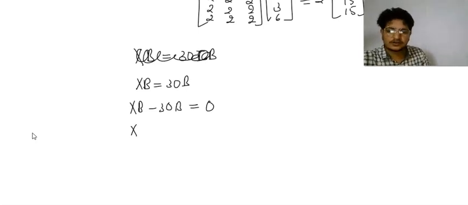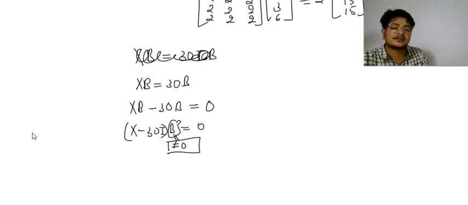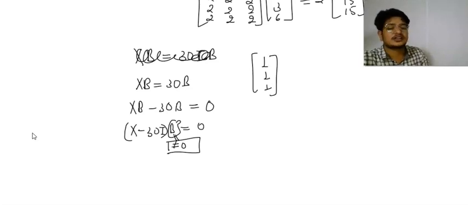So now I will take X minus 30I common, so I will write it as X minus 30I times b is equal to 0. Which means that b is not equal to 0, because we had already taken b as 111.